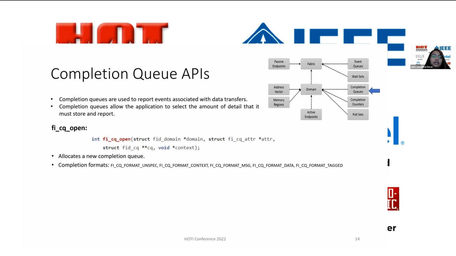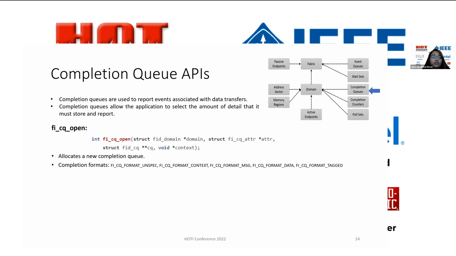Generally, an application can choose how much data it wants to report along with the completion. This limits the number of bytes that the provider writes into memory and also allows for completion data to fit into a compact structure. This can be done by specifying one of the CQ formats during the CQ open call.